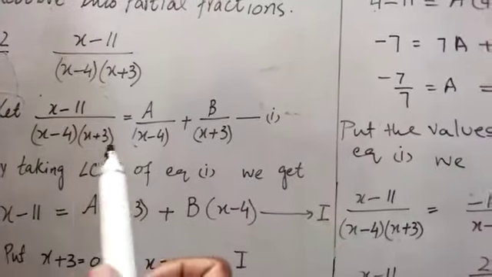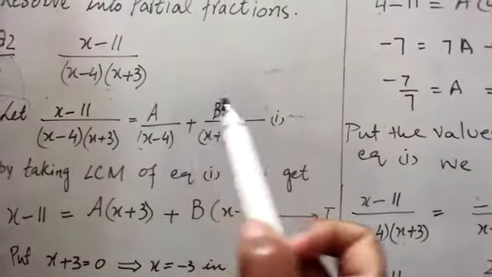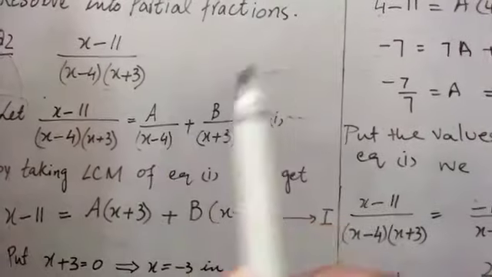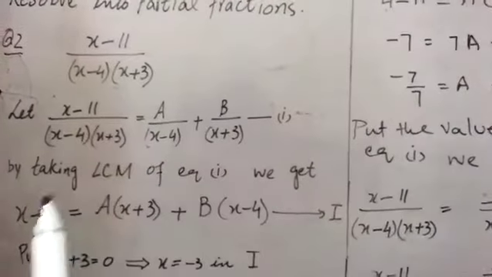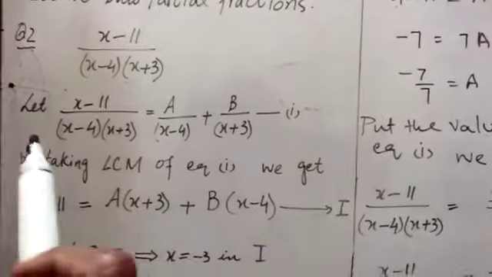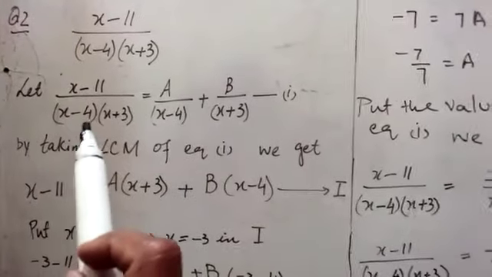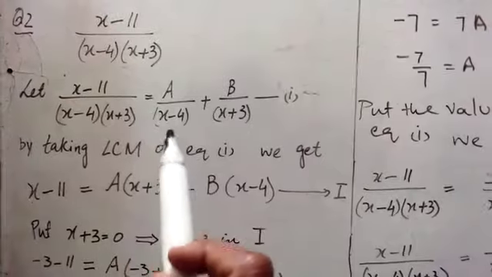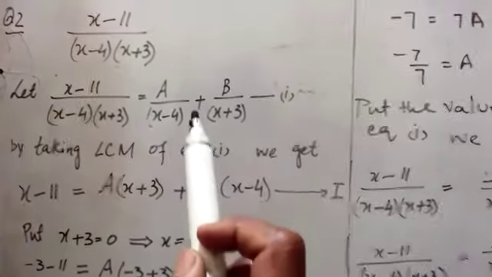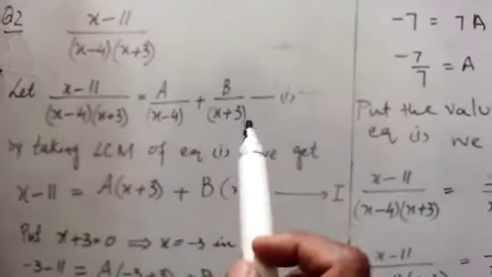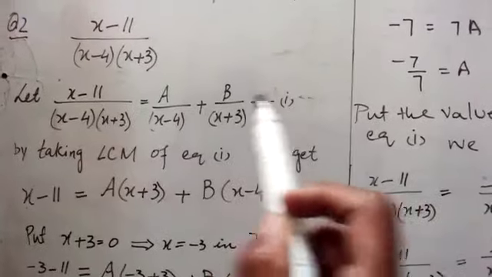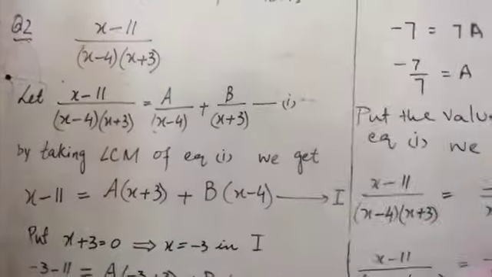If linear factors are present, then we write simple A and B. Now this is equation number 1: (x minus 11) over (x minus 4) into (x plus 3) equals A over x minus 4 plus B over x plus 3. This is written as equation number 1.